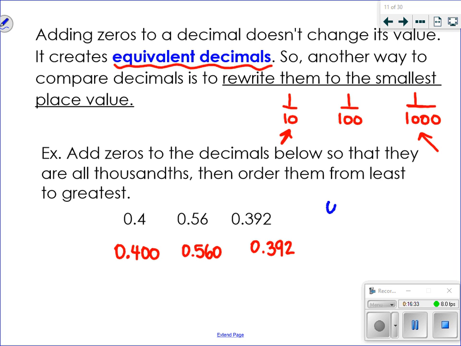Well, 392 thousandths is the least. Which is the next biggest? 400 thousandths or 560 thousandths? Well, 400 thousandths. But I'm going to take the original form, which is 0.4. And then the largest would be 560 thousandths, which is, in its original form, 0.56.